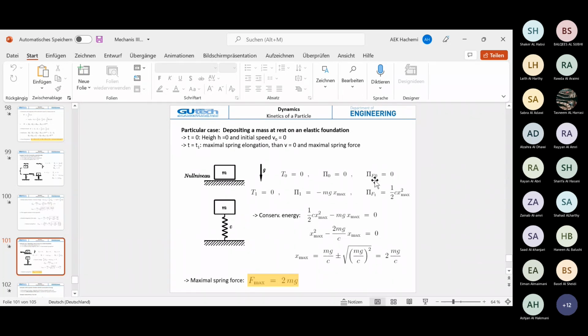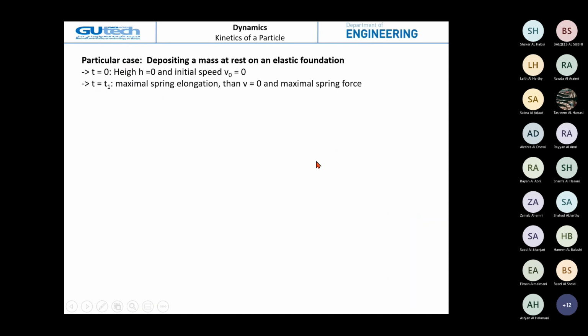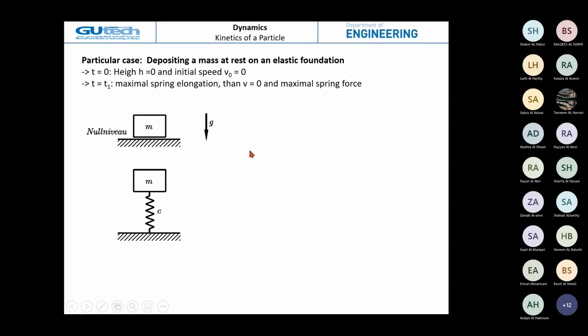And we also have the potential energy of the spring. Here we have the potential energy PF0 of the spring. The spring is unstretched, that means it has no elongation, so in this case it's equal to 0.